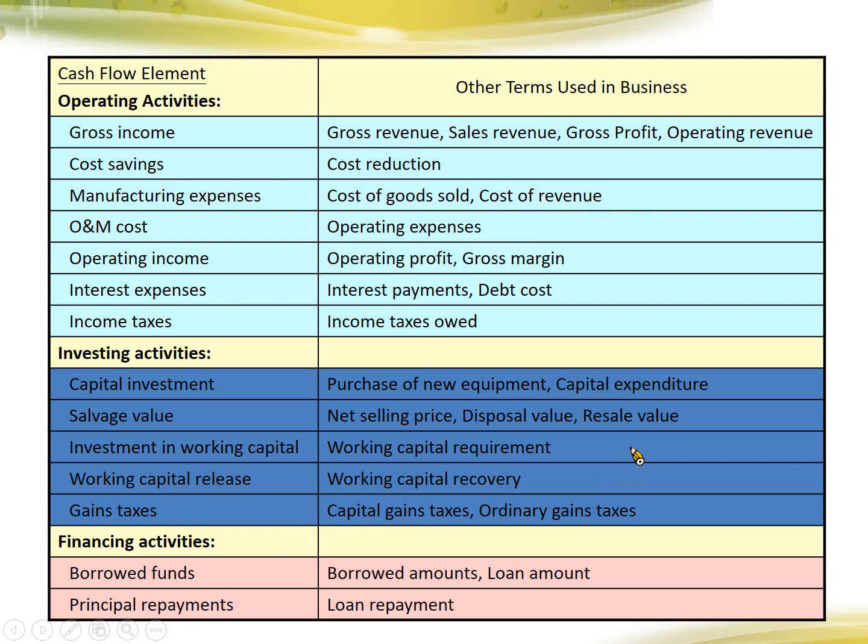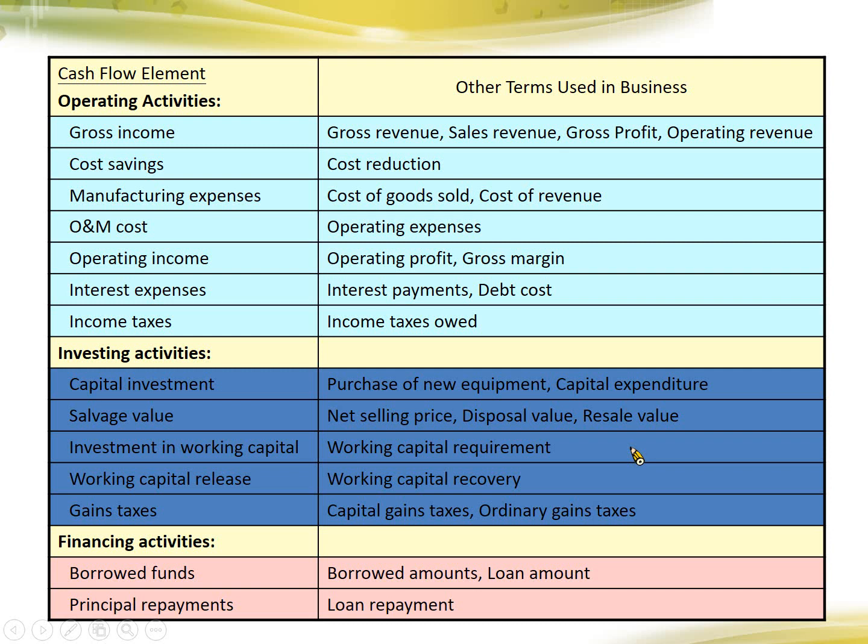And this is what I mentioned earlier in cash flow diagram. Usually, in terms of cash flow elements, we have operating activity, about the gross income, cost saving, manufacturing expenses, operation and maintenance costs, operating income, interest expenses. Okay, that's because you have borrowed certain fund, income taxes, which you have to pay.